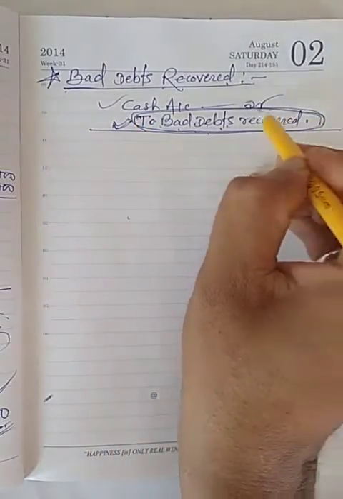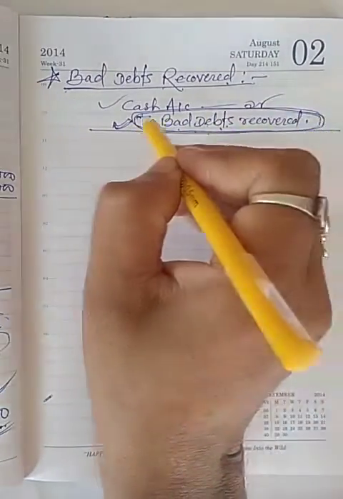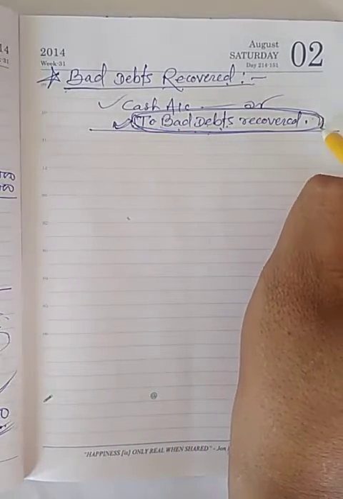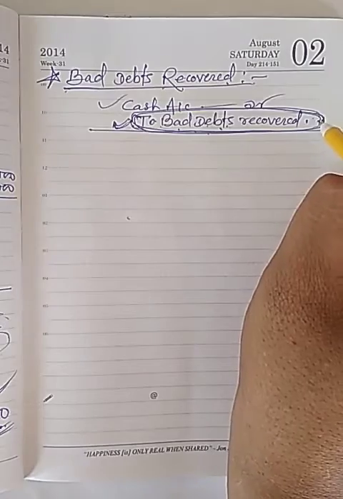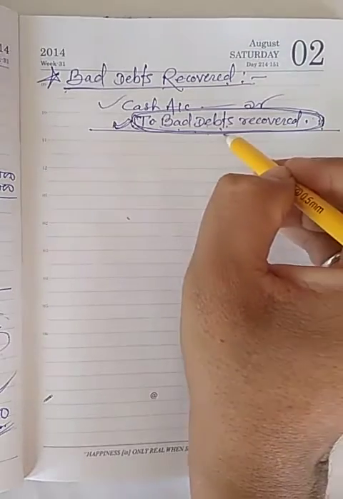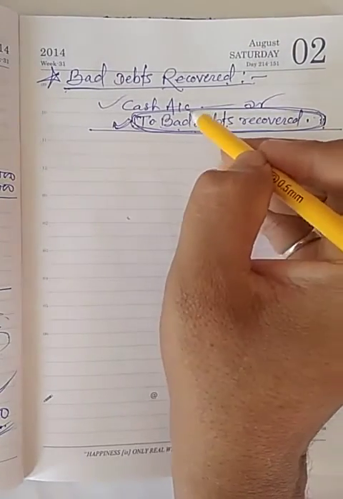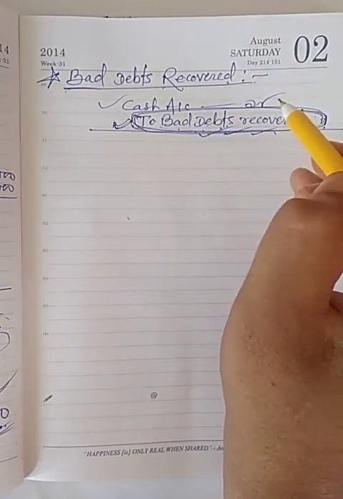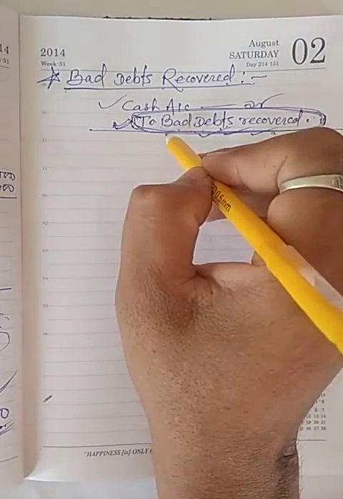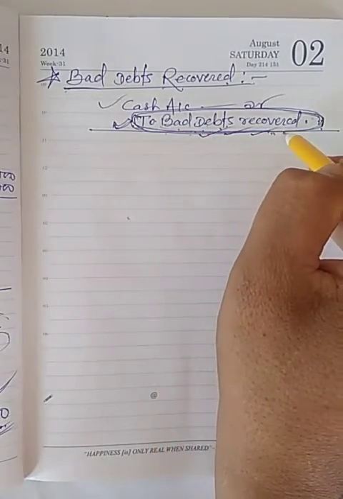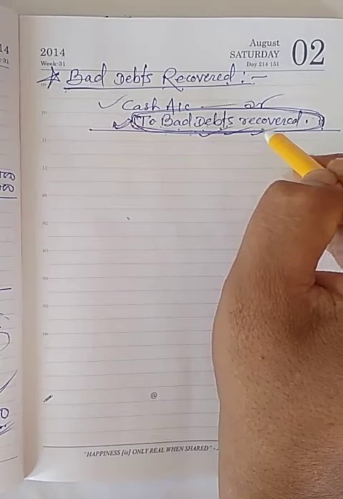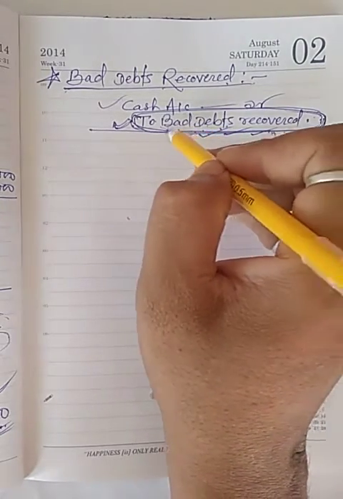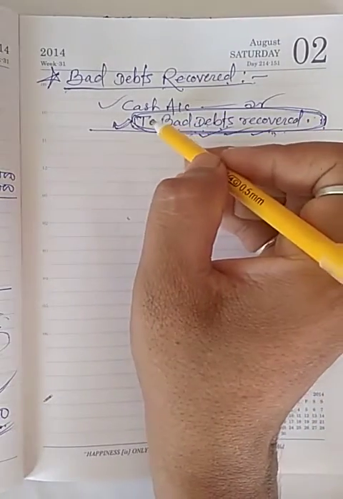This is sudden income for the business. It is recovered; no one knew that it would be recovered. So this will be income for the business, so it will be credit according to nominal account, which says credit all the income and gains.